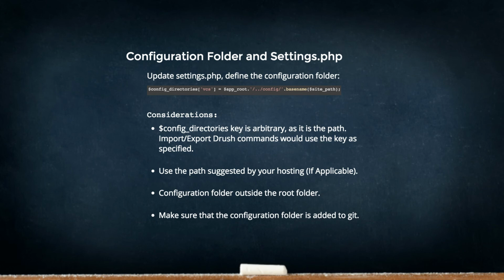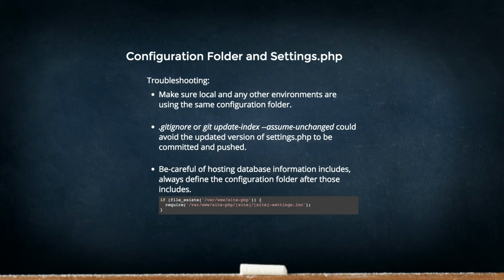There are more considerations. If your hosting tells you which path to use, you can use it, but as I say, you can use the one that you want. That's open to you. And you have to make sure, okay, I added this to my settings.php, now I want to make sure that that folder is being tracked by Git.